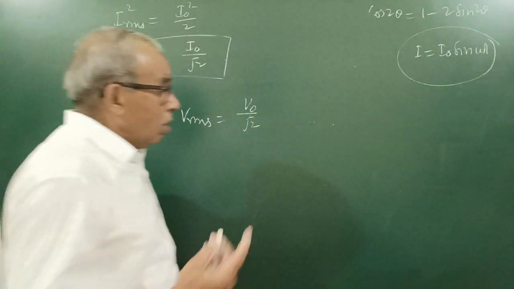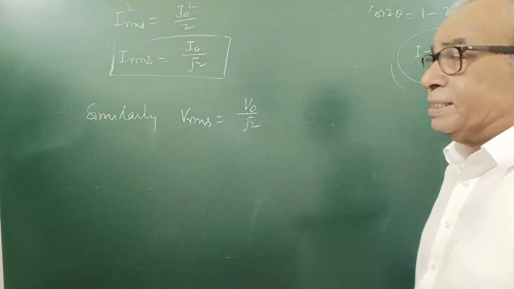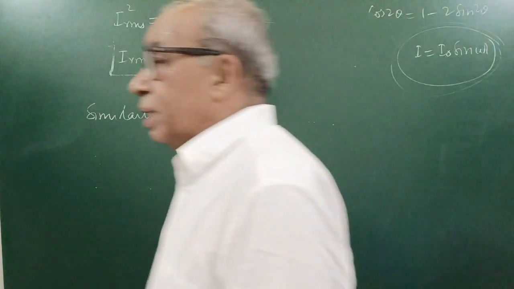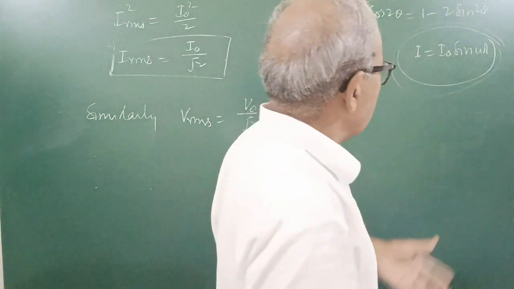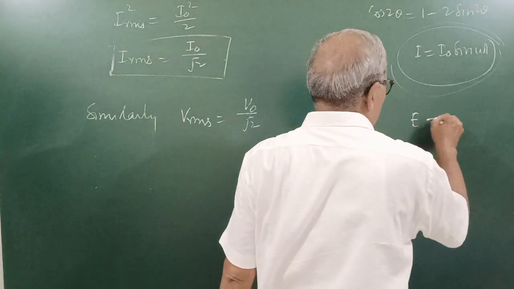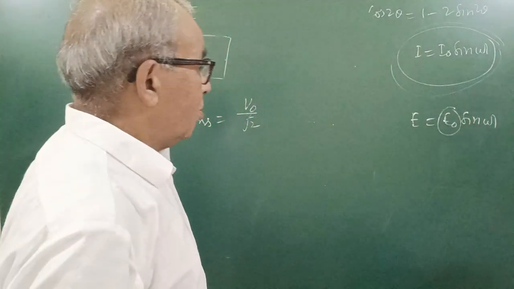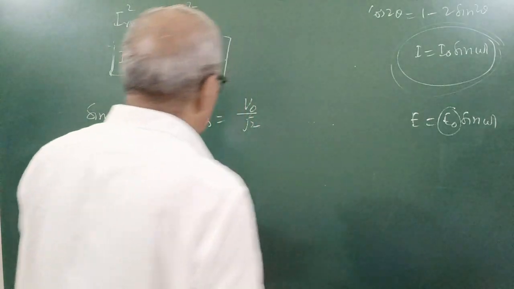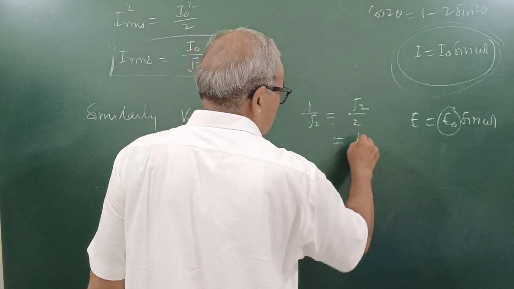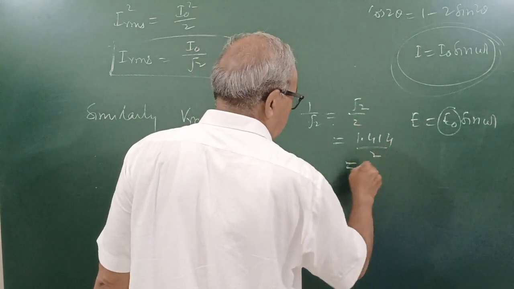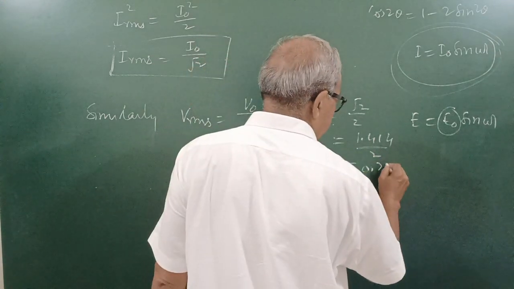Wherever something varies sinusoidally, that is, periodically with time along a sine curve, if E0 is the peak value, the RMS value will be E0 by root 2. 1 by root 2, in fact root 2 upon 2, comes out as 1.414 upon 2, which is 0.707. This is the value of 1 by root 2.